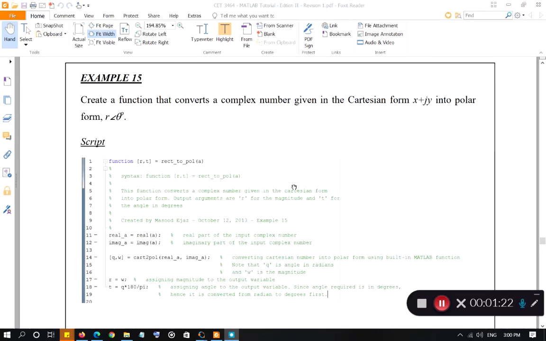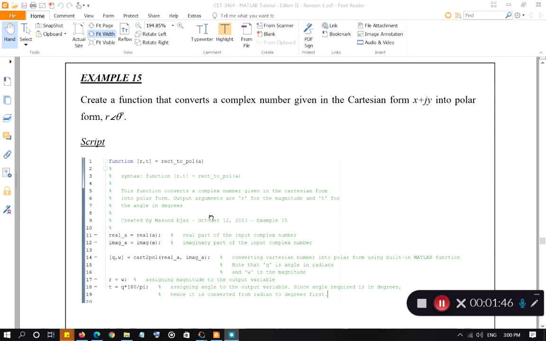Example 15. In this example, basically the user is giving you a complex number in Cartesian form or rectangular form, x plus jy, and then you have to convert that into polar form. That is, you have to calculate the magnitude and the angle.